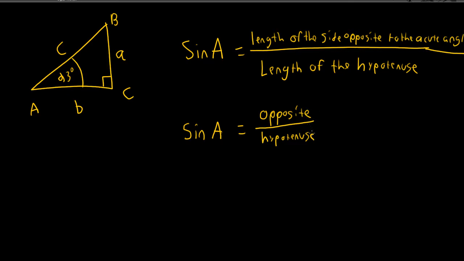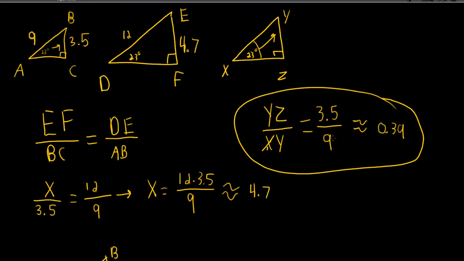Or if we're looking at the sides of the triangle that we have, it's just A over C. Makes sense, right? And in fact, the work we were doing earlier is very important, because if we scroll up here, all these triangles are similar, right?